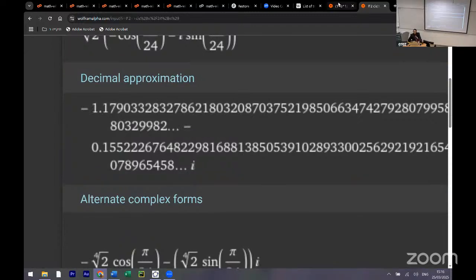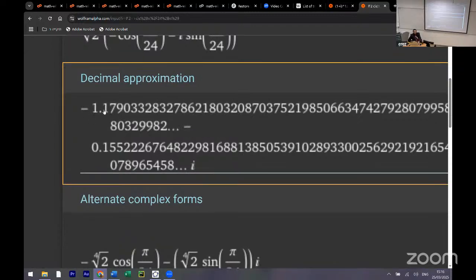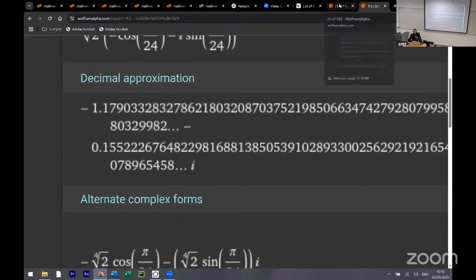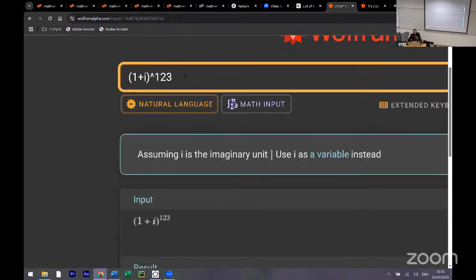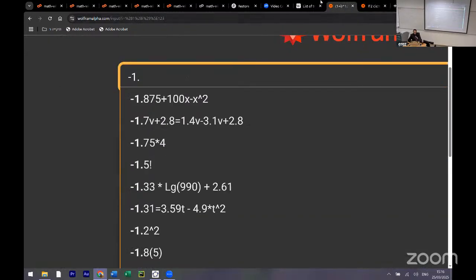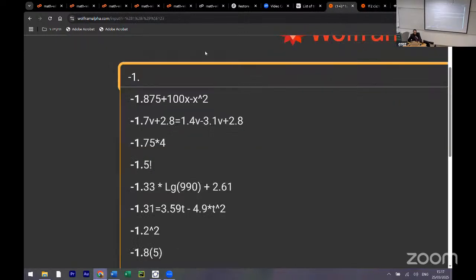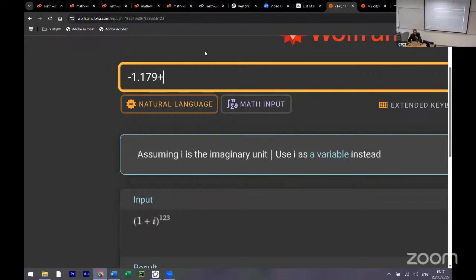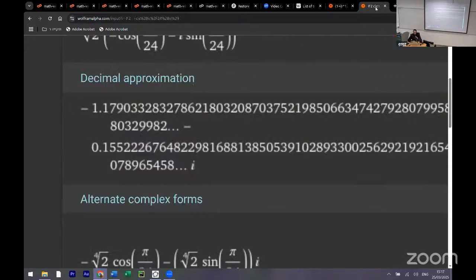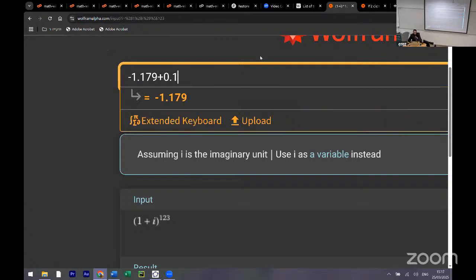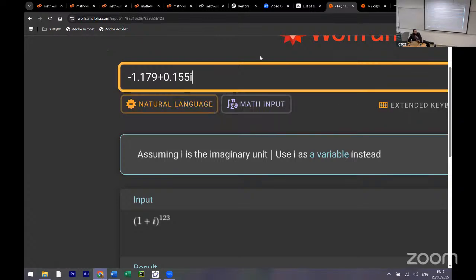Let's try to copy the first 3 digits after the decimal point. So it's minus 1.179 plus 0.155 i. It's not exactly the number, but it's close enough.